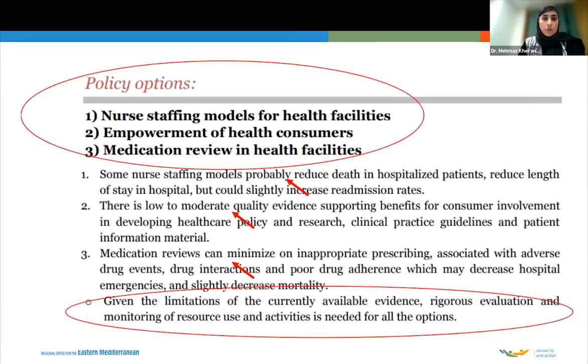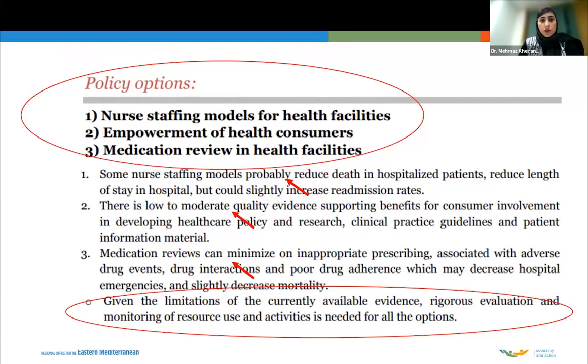And then when you go to the policy options, there are 3 policy options included in this policy brief. I want to ask you to just look at the first one of these policy options, which is nurse staffing models for health facilities. As you can see, the policy option should be clear, should include a key message, should be actionable.